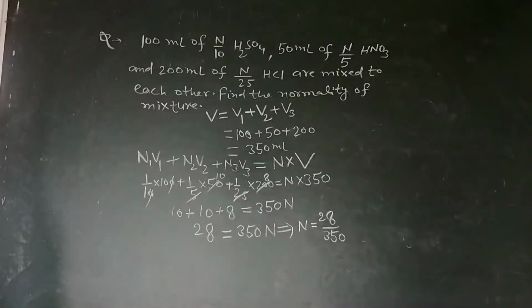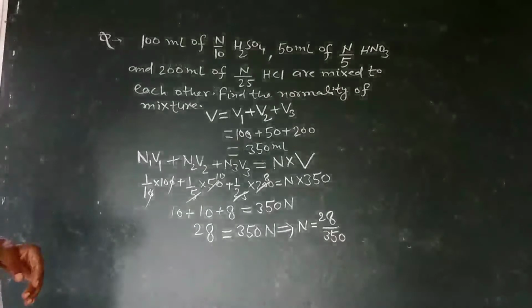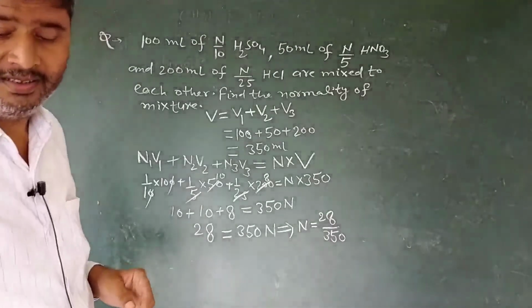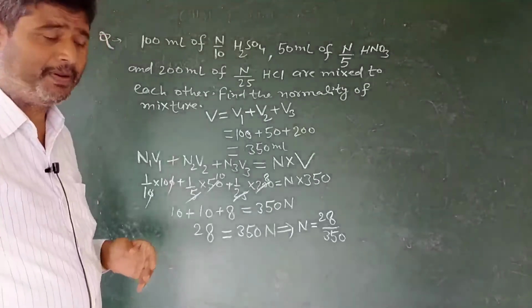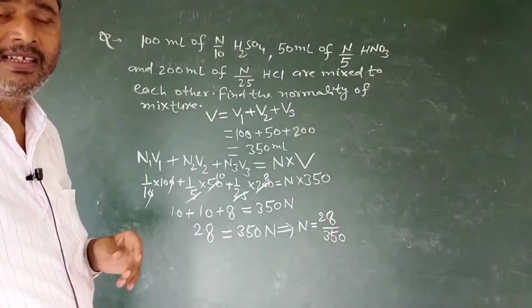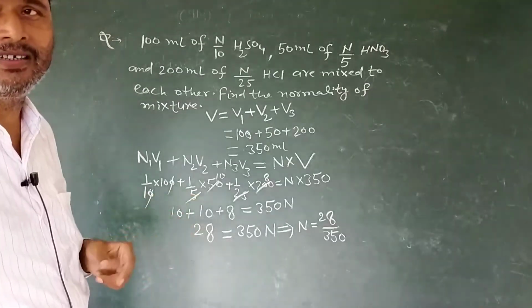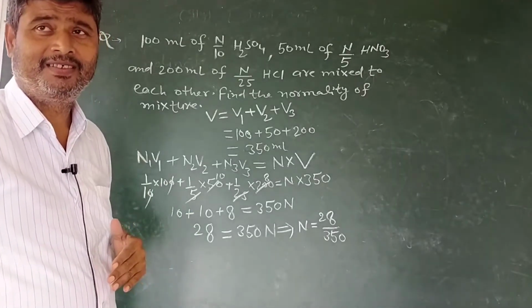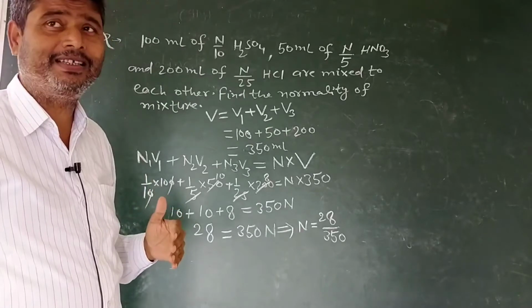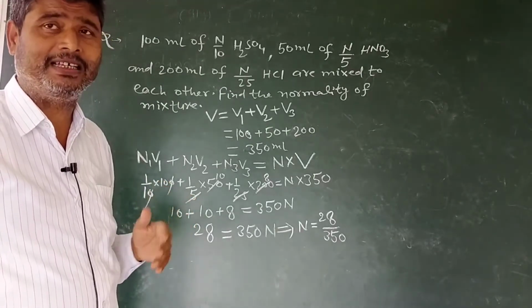Next question. Suppose we have to prepare a dilute acid. For dilution, acid is added to water. Water is not added to acid. Sulfuric acid is highly hygroscopic in nature.